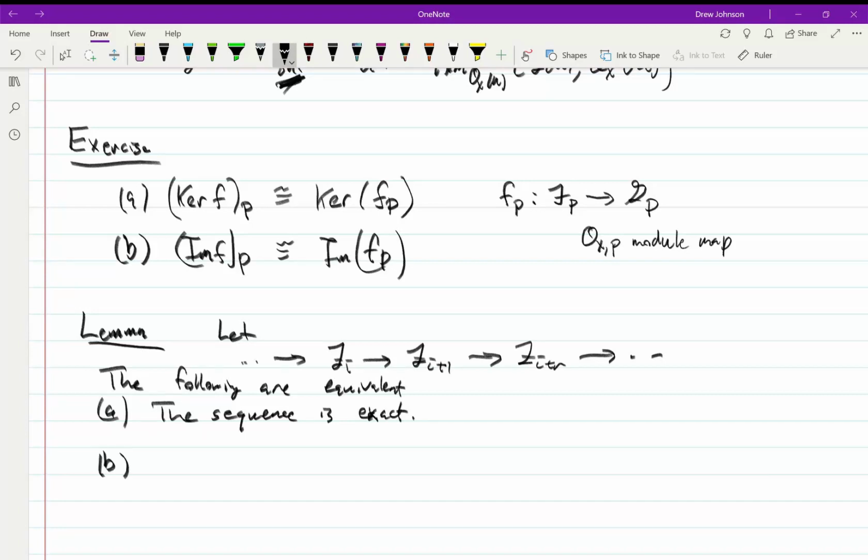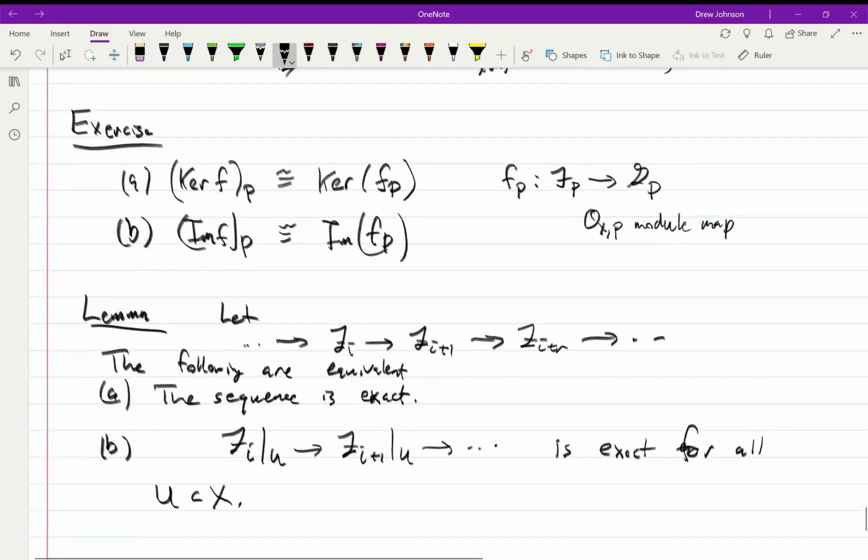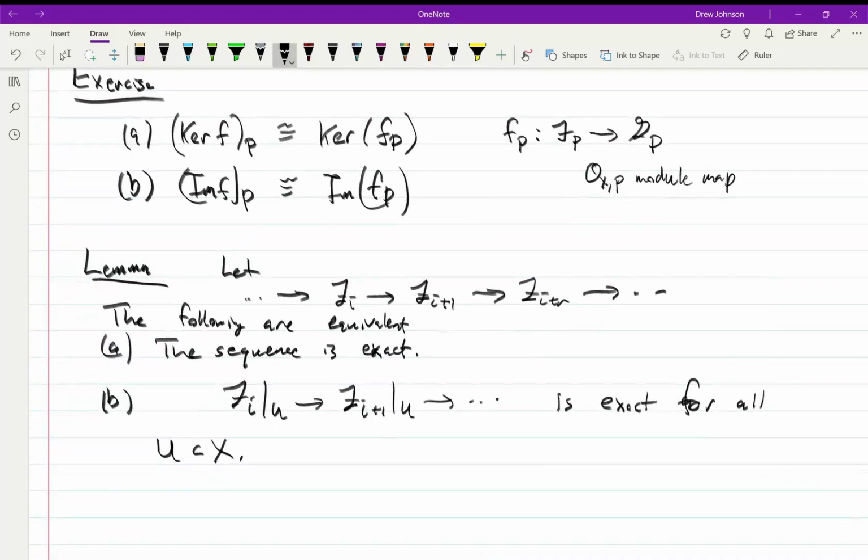B: the restricted sequence, F_i restricted to U, is exact for all U open subsets of X. You can check it by checking every single open subset.